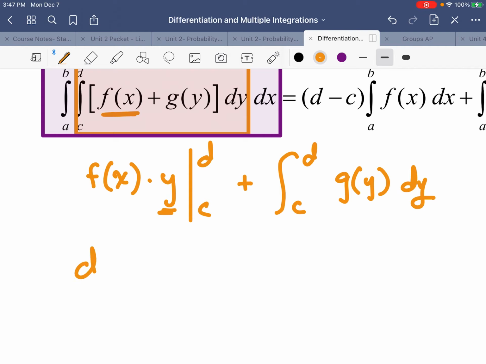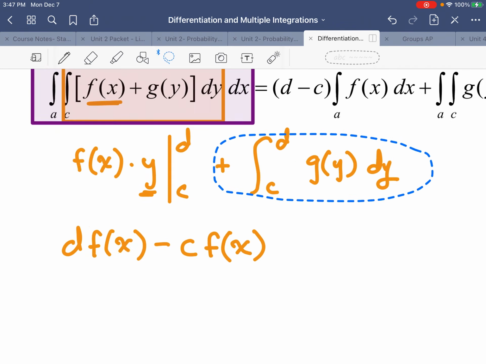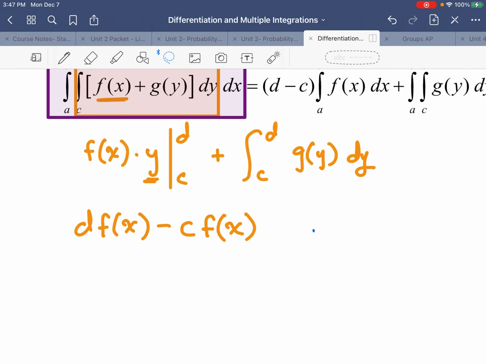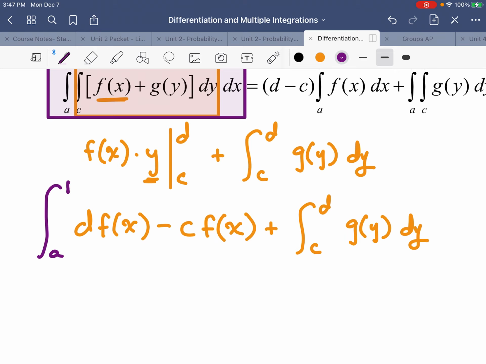So d f of x minus c f of x, plus all that other stuff, a to b dx, and now I can evaluate it for each piece.